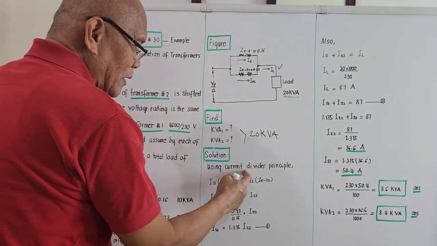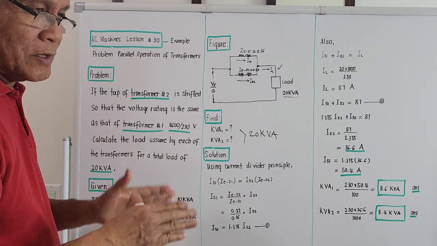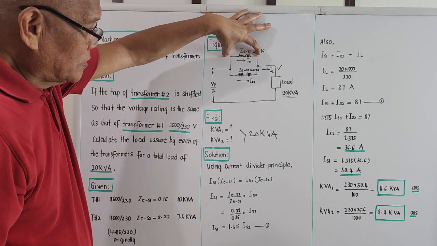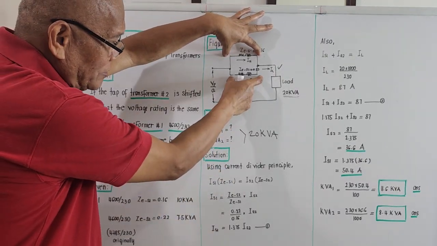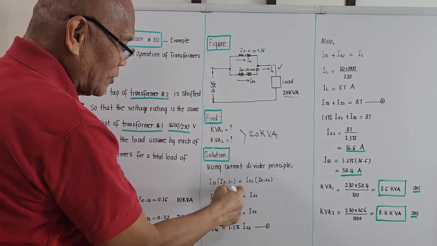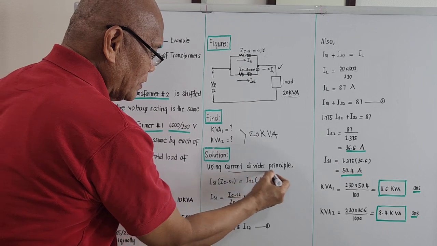Using the current divider principle, for a parallel circuit, the voltage across this is equal to the voltage across this. We equate it. That is the so-called current divider principle.